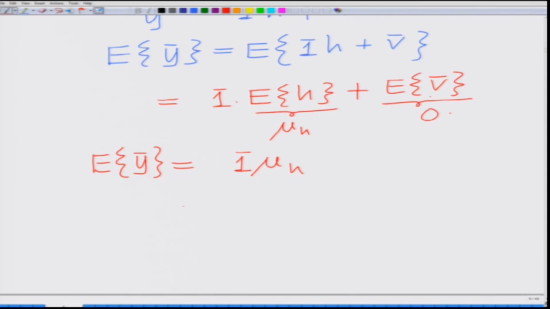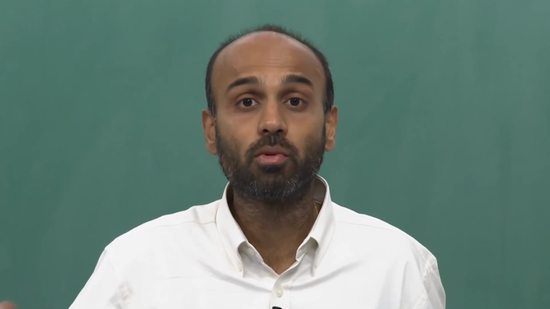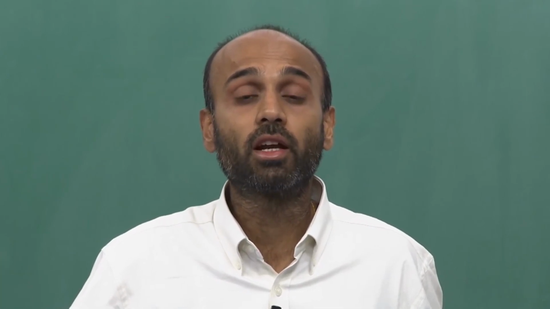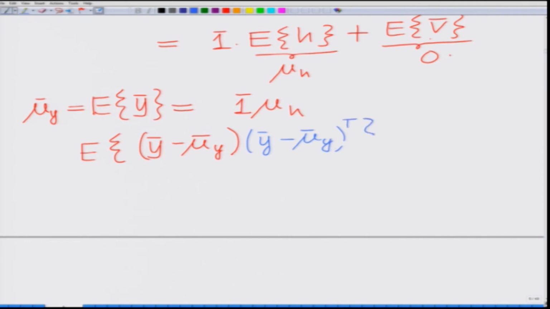Now, we want to find R y y, remember, because that is another quantity we need in the MMSE estimation, that is the expected value of y bar minus mu y bar times y bar minus mu y bar transpose. This is the mean-subtracted y bar times its transpose.